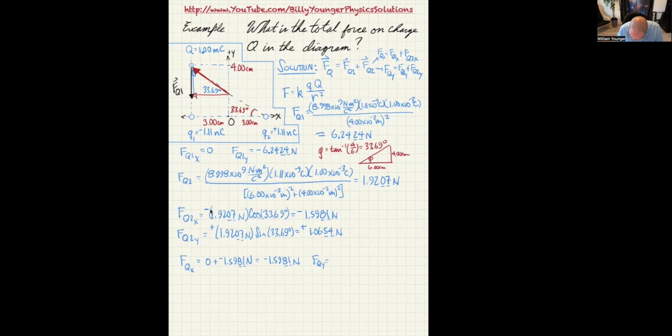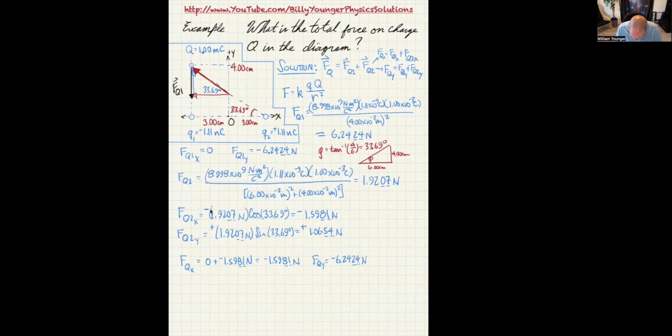FQ sub y is going to be the sum of the two as well. In this case, the y component for one was negative 6.2424 newtons.